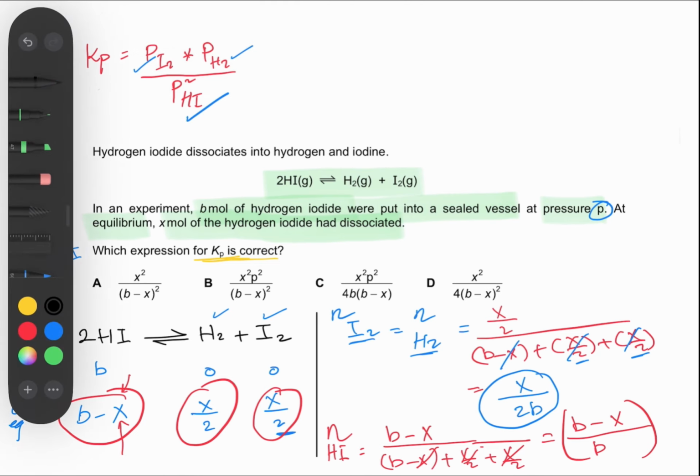All right. So the Kp is equal to the partial pressure for I2 multiplied by the partial pressure of H2 over HI.